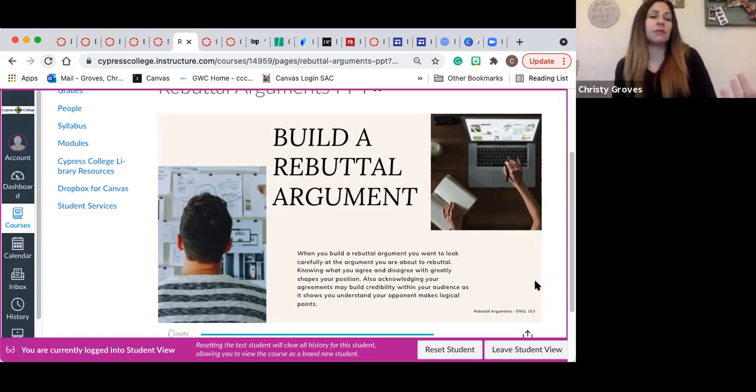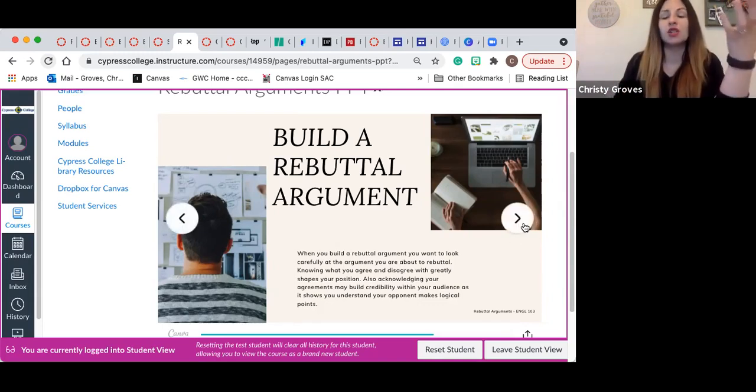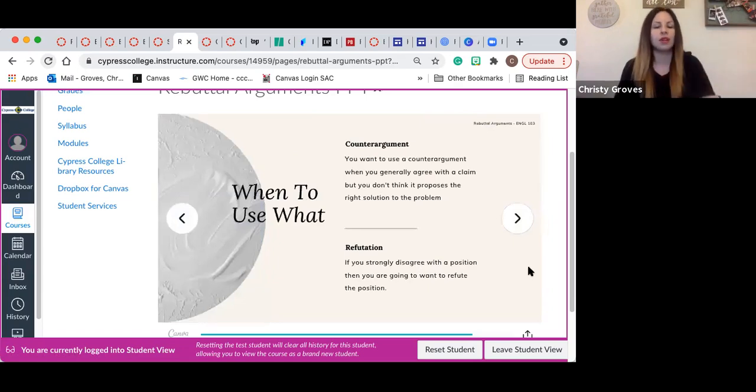Or you could say something like, they make a really good point when they mention A, but B and C are terrible reasons, and here, allow me to pick them apart for you. Okay, so you could do that as well. But it's totally okay to concede when you have gotten to a point that you agree with, okay?